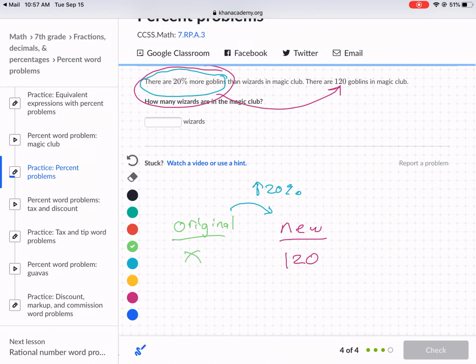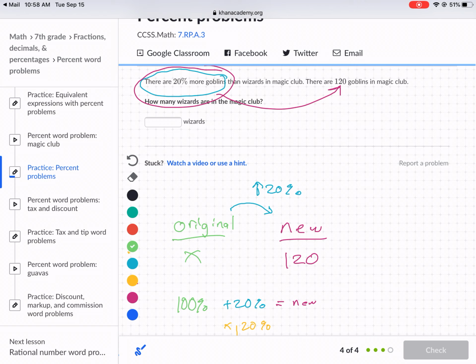So how do we do this? Before, we would say the original is 100%, and then we added the increase to get our new, which was 120% times the original.